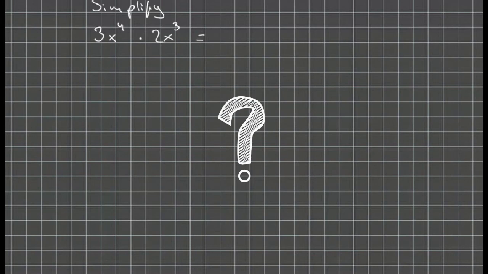Try and simplify this. I have to first calculate what 3x times 2x is. 3 times 2 is 6. Now I have the same letter, different exponents, so I don't have like terms, but because it's the same letter that gets multiplied, I can just add the exponents like this.